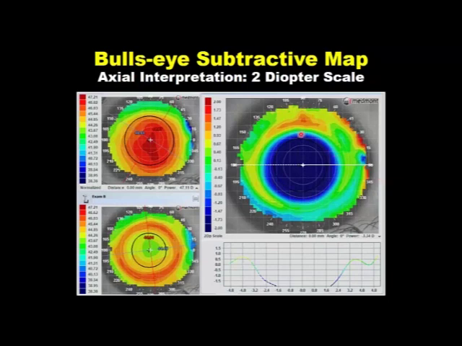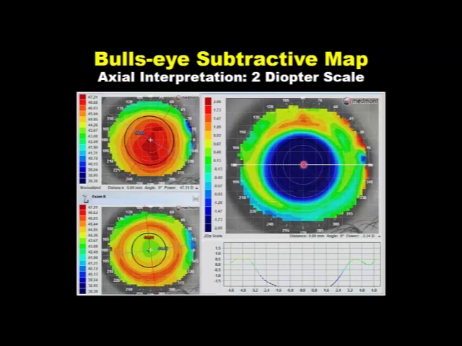Notice in the axial, you get this big blue treatment area, relatively well centered to the black pupil. So in other words, our treatment zone, our effect to this cornea refractively is well centered to the pupil. Similar to what we discussed in the very early stages of this talk, axial is the best way to understand vision or power. Tangential, the best way to understand shape. So for axial, we can learn two things.